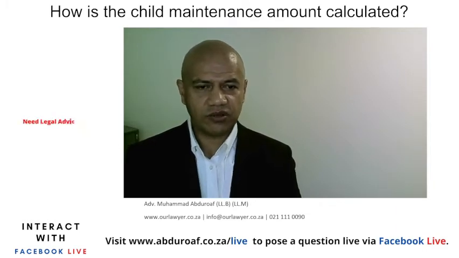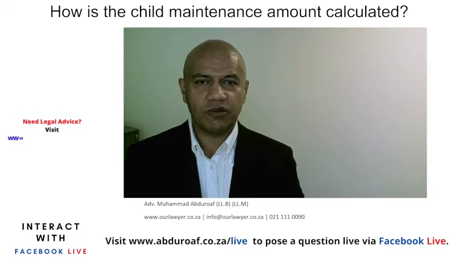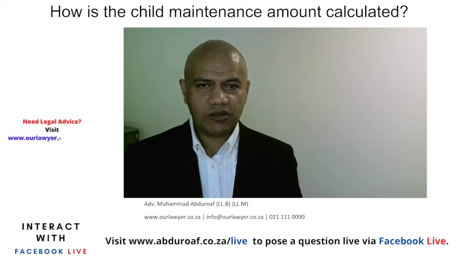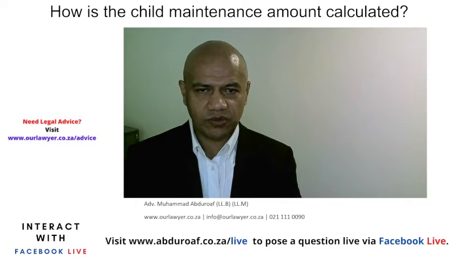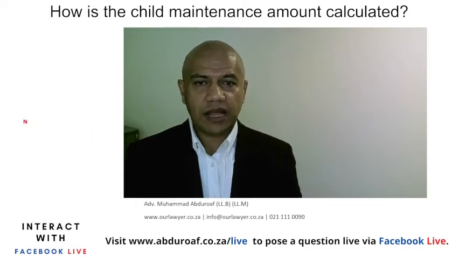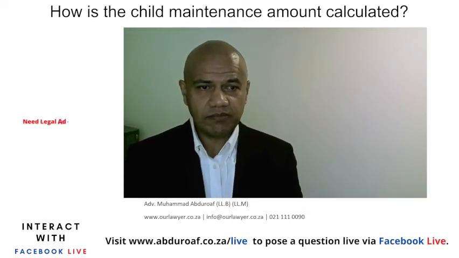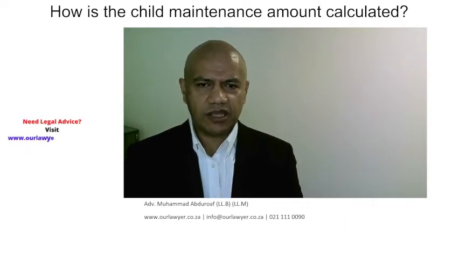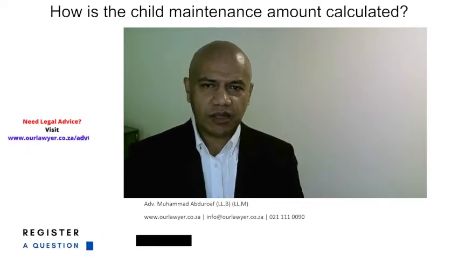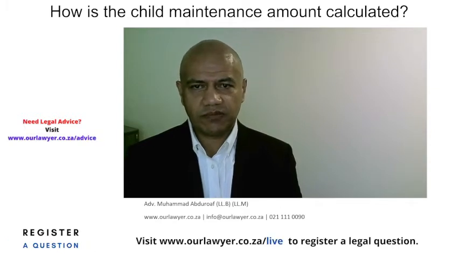That's my fictitious example, and I'll be working from that example going forward. The child costs 1,000 rand per month to survive in your care at least. If the other parent, the parent who's supposed to pay the child maintenance to you, earns double your income, then it is expected and it's reasonable to say that that parent should pay double the minor child's expenditure, logically.